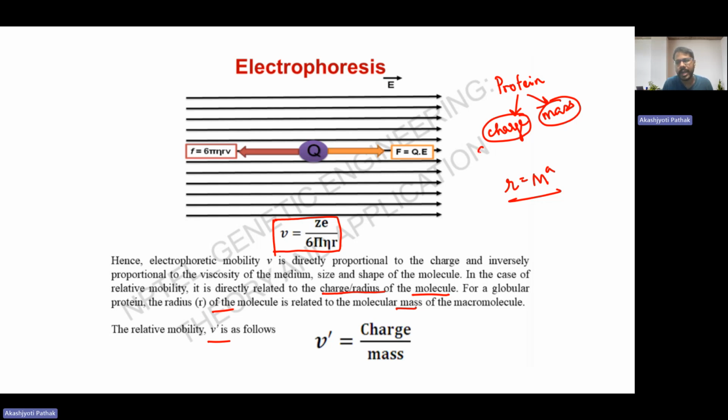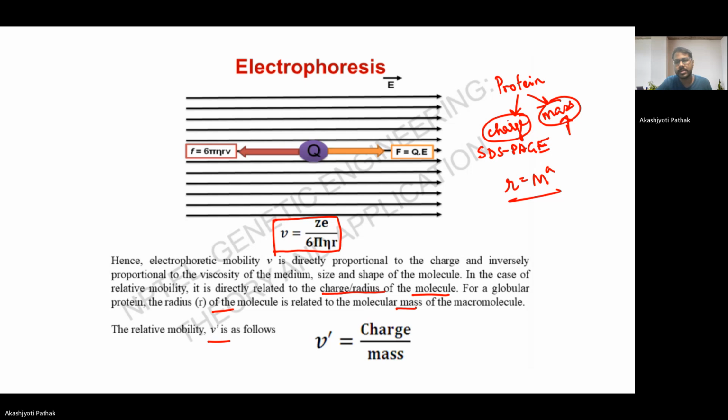But when you are doing an SDS-PAGE, your protein gets separated only on the basis of mass and not on the basis of charge. Why is it so? We will understand when we learn about the principle of this technique.